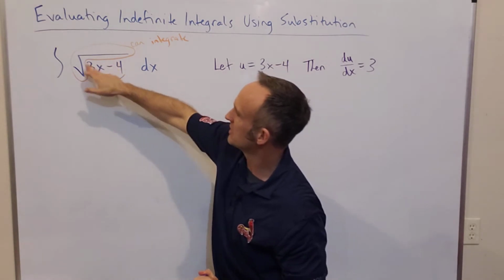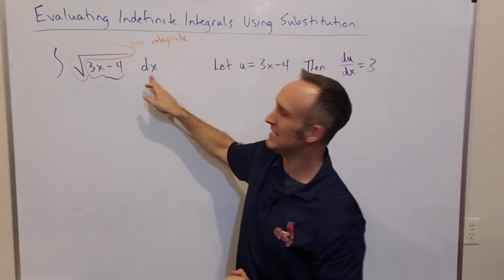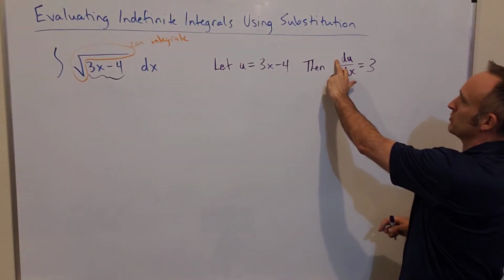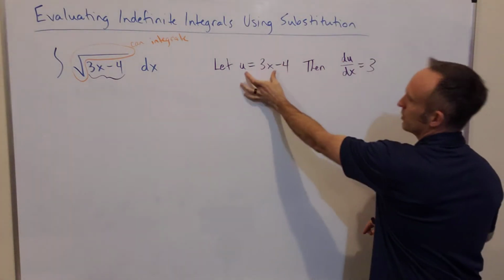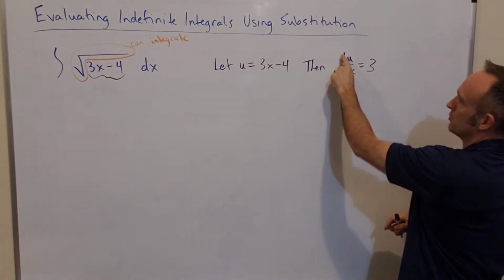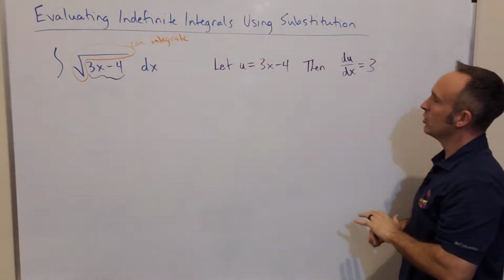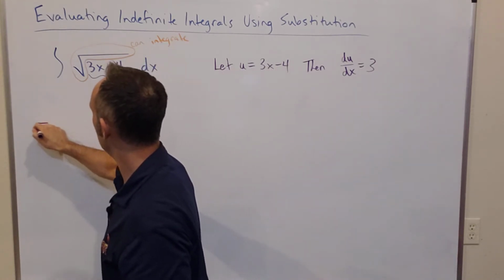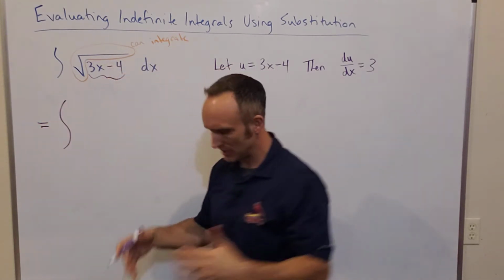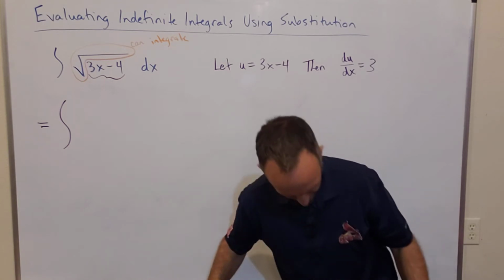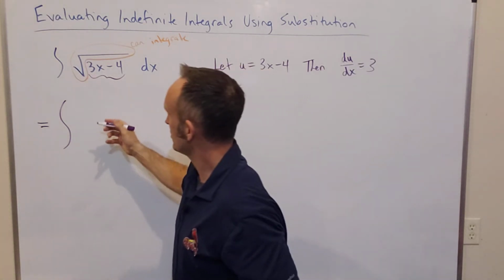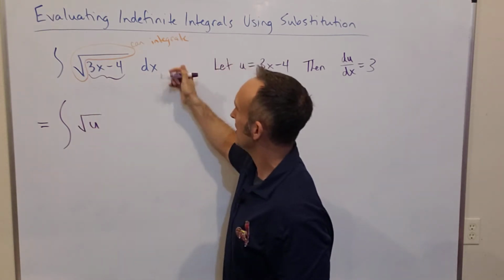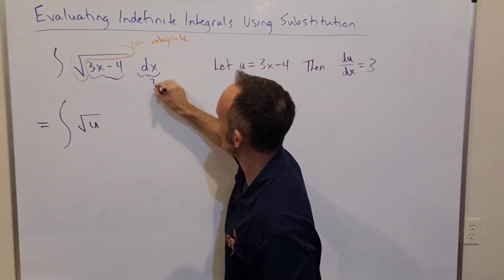If I turn this expression into u, then I need this to be du in order to do the antiderivative. And now I have a relationship between u and x, and a relationship between du and dx. So what I've got so far, if I'm rebuilding my integral using our new variable u, then this turns into the square root of u, and then I need to know what dx is.